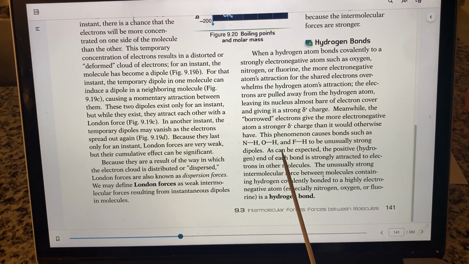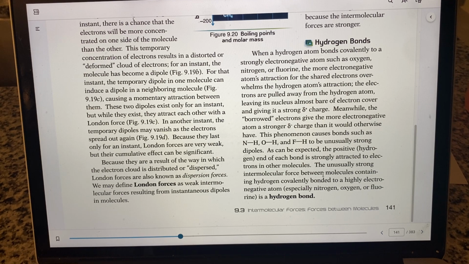And that is between hydrogen and nitrogen, hydrogen and oxygen, and hydrogen and fluorine. Those three have very, very high hydrogen force. So hydrogen bonds are very strong with oxygen, nitrogen, and fluorine especially.